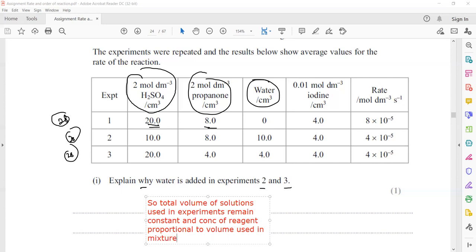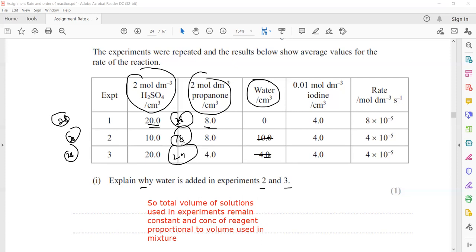Is it clear? Yes, sir. So basically what we did is make the total volume the same. Otherwise, without water, this total volume will be 18, this one 24, and this one 28. So the three solutions in the experiments would have different volumes.